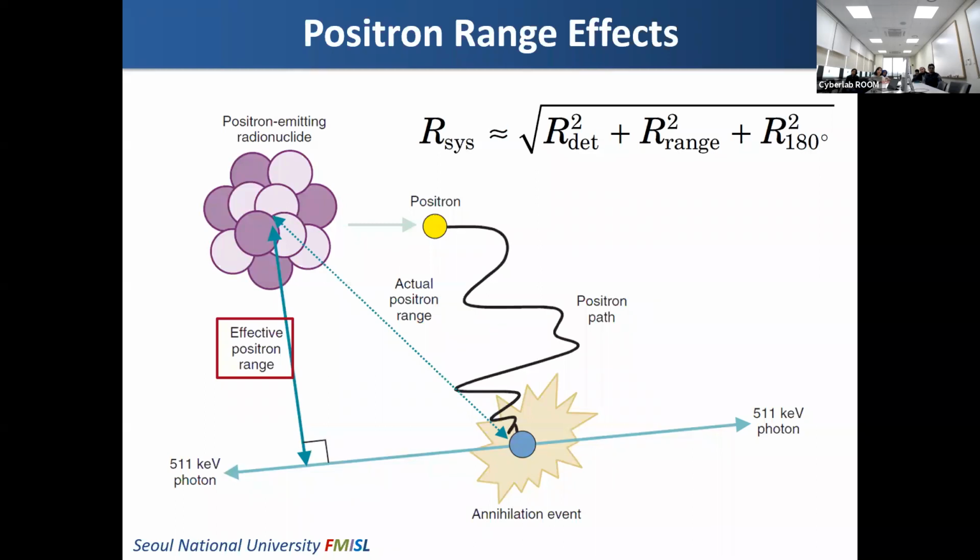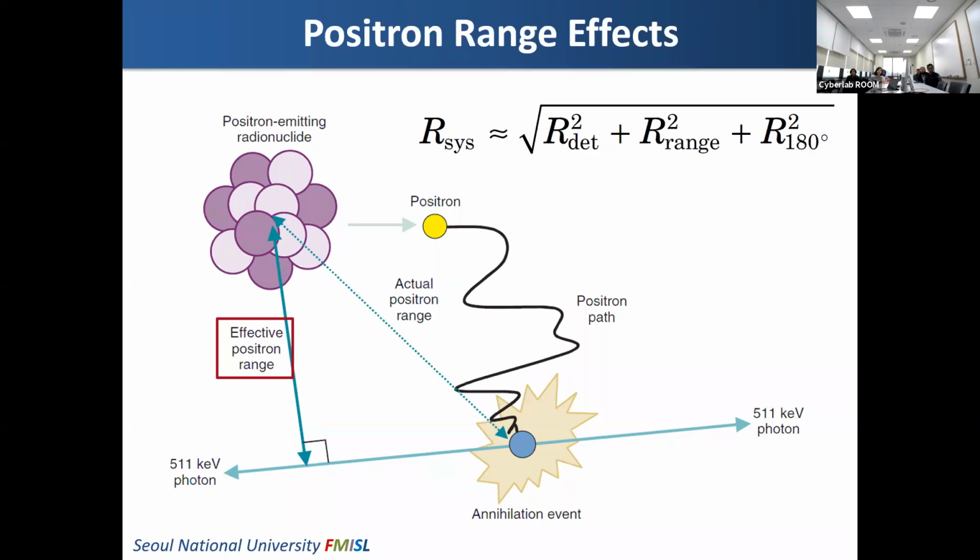The positron meets the electron after traveling some distance, and they generate emission photons. That is why this position and this position are quite different. But fortunately, usually this is less than 1 millimeter.